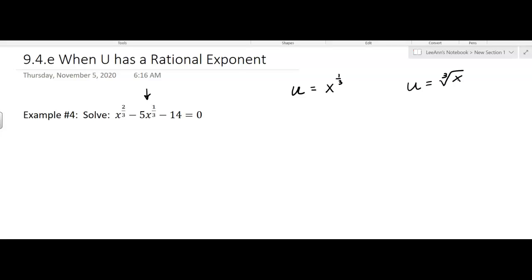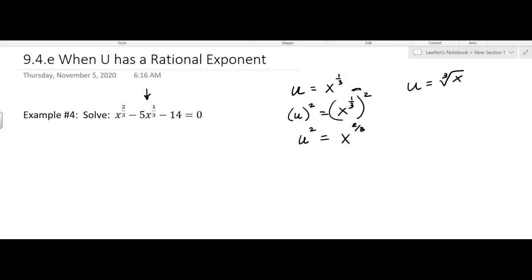Now, if I square both sides, then I would have u squared equals x to the 1/3 squared. That would give me u squared equals x to the 2/3, because I'd have to multiply 1/3 times 2, and that would be 2/3.